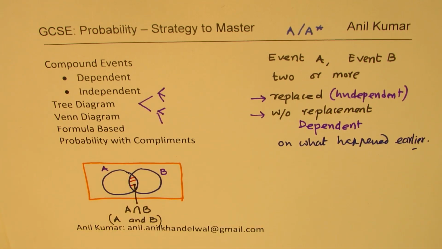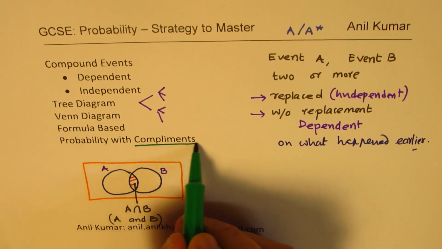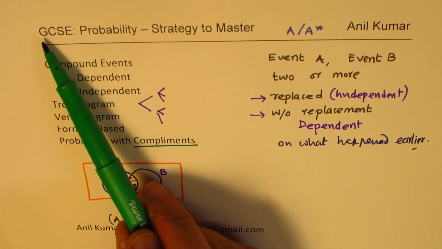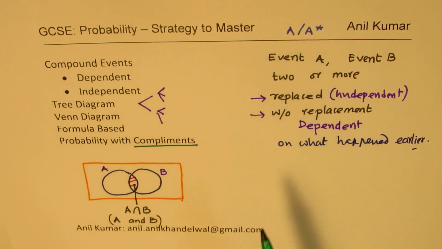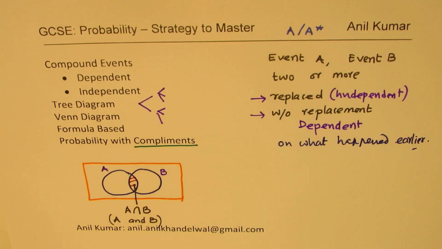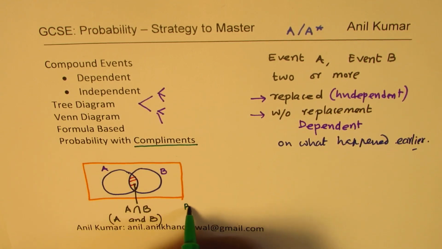Right? Let's understand a few more terms here. Since I've also introduced complements, which is not seen in most of the questions for GCSE level 9, but as you move to A and A plus, that will become very important, right? So if I have to shade here, the complement will be like this.